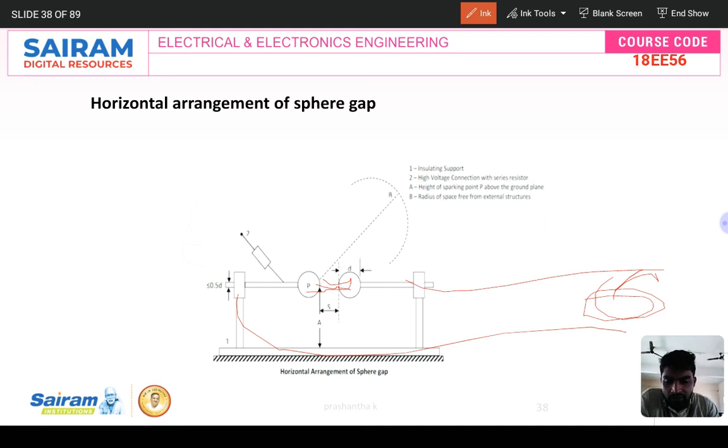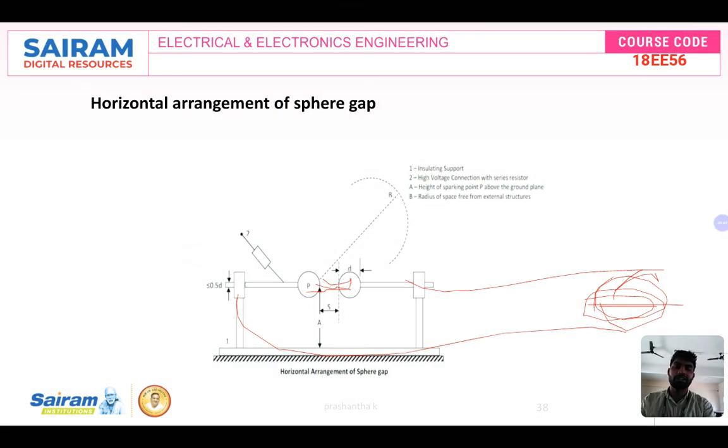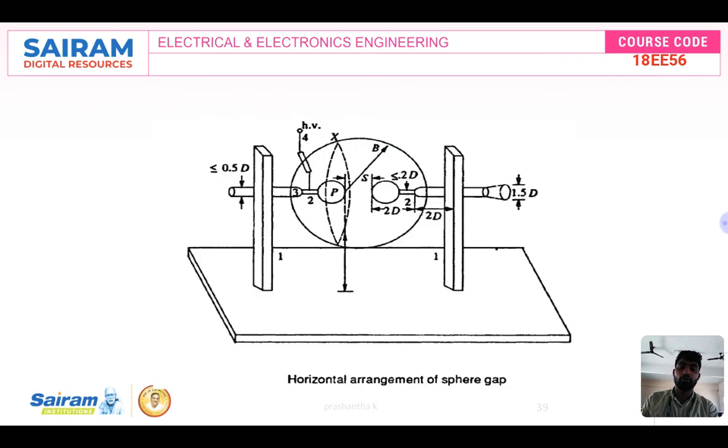Okay, this is the horizontal arrangement of the sphere gap. If suppose we give high voltage over here, we set the voltage, the maximum peak value voltage. If you increase the voltage, at a particular voltage value the spark will appear. This is the complete experiment we do in our laboratory.